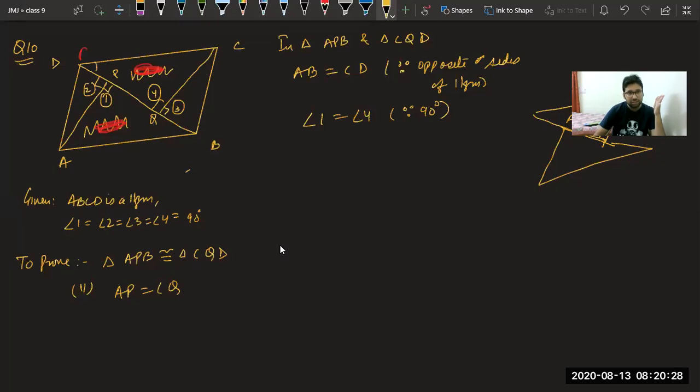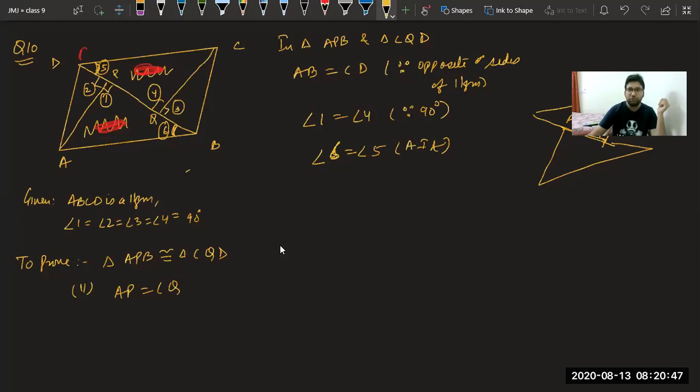This angle and this angle, let me call it 5, let me call it 6. We can say they are equal because they are alternate interior angles. So angle 6 is equal to angle 5, alternate interior angles.